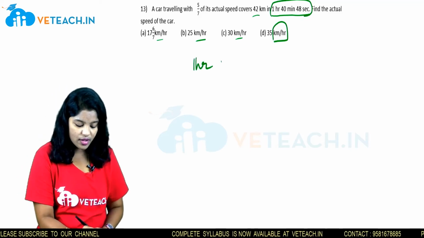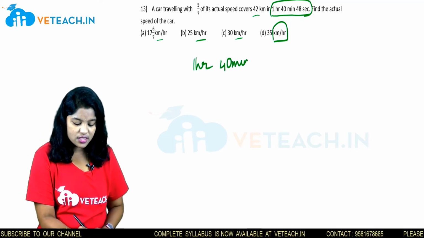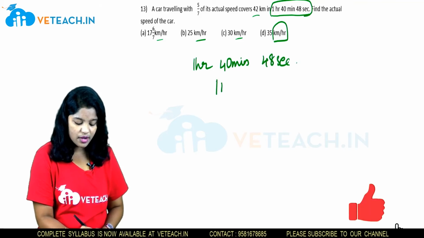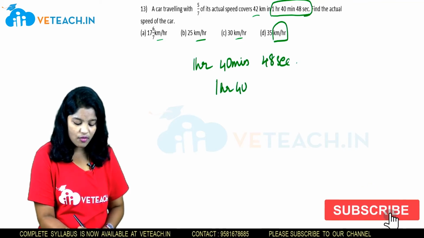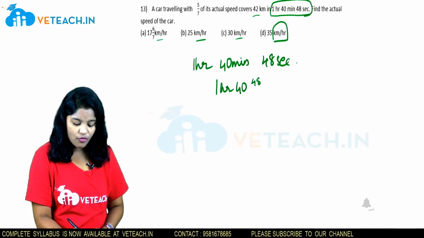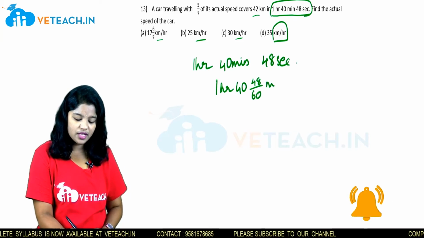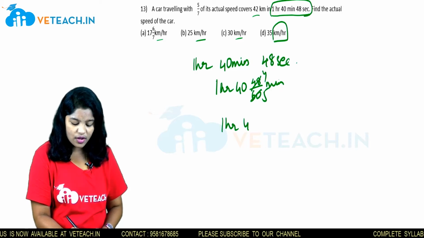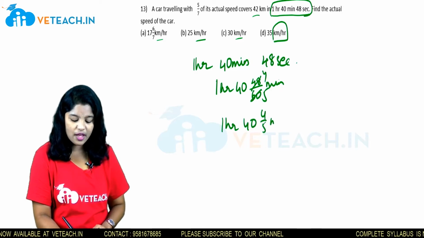So 1 hour, 40 minutes and 48 seconds. So this is nothing but equal to 1 hour 40 and 48 by 60 minutes. Here this is 4 times 12. So 1 hour 44 by 5 minutes.